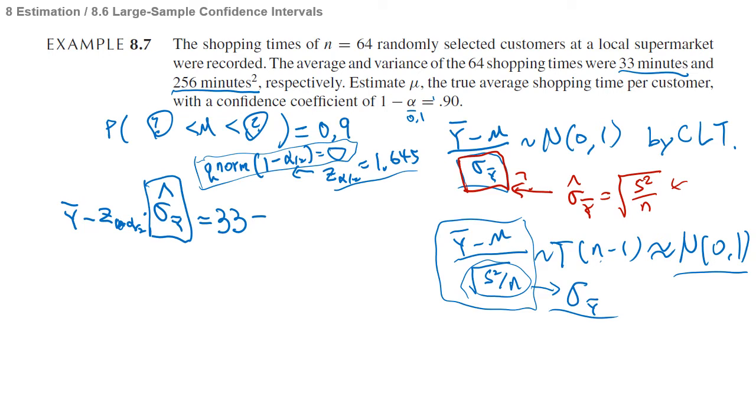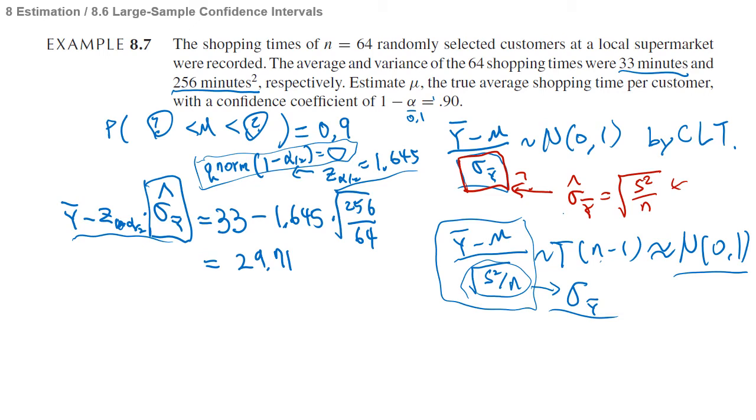Okay, so let's try to solve it. 33 minus Z alpha over 2, which is 1.645, times the estimate of sigma y bar, which is the square root of s square, 256 over 64. Using a calculator, the value is 29.71.